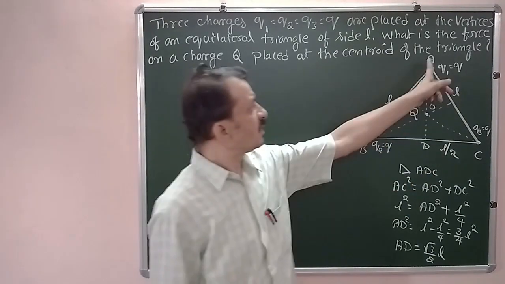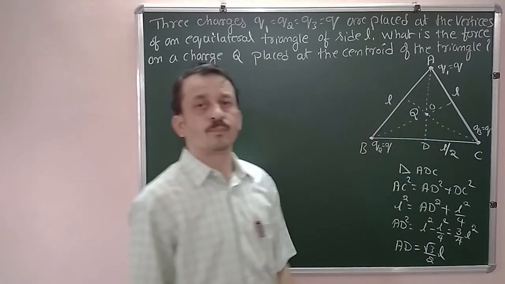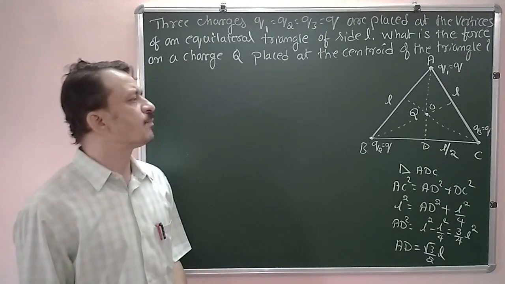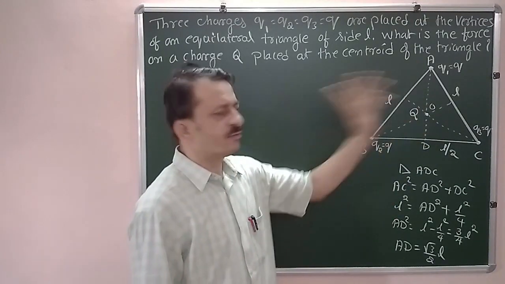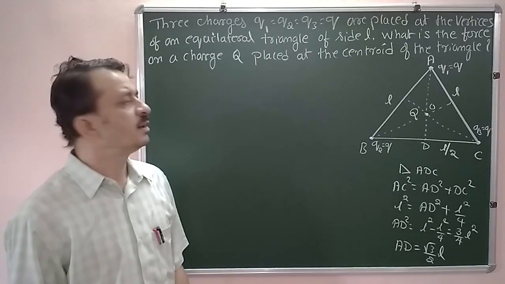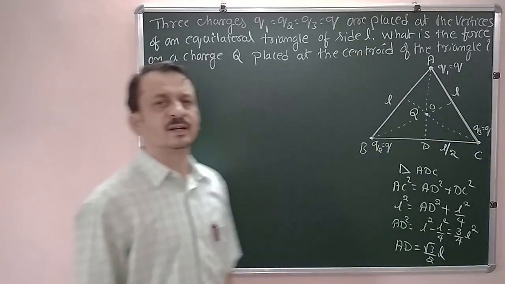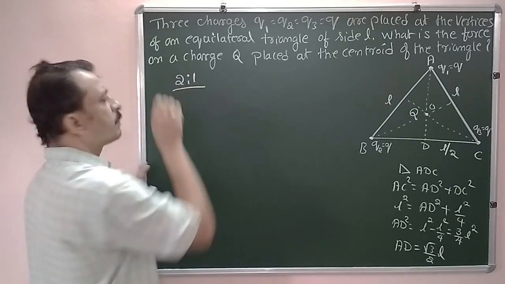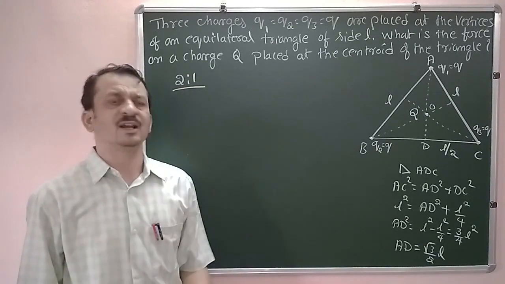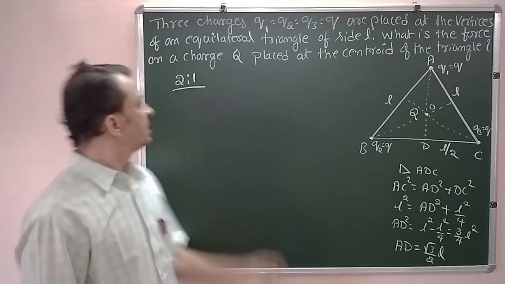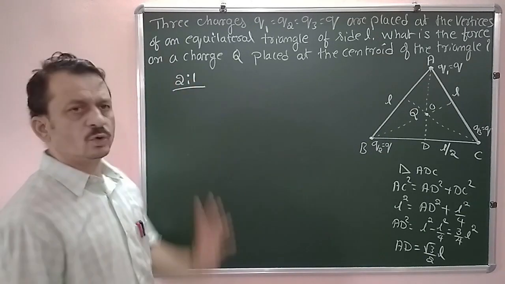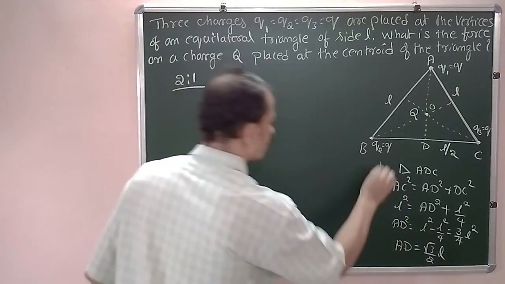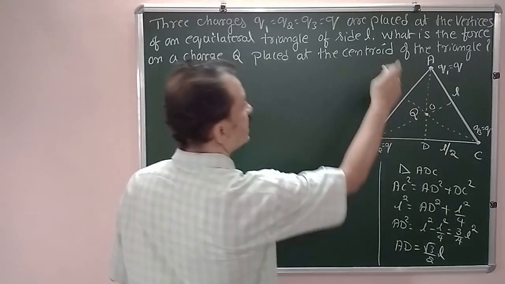But we required AO. Now we already studied in high school that the centroid of a triangle divides the median in the ratio of 2:1. You should remember that. Centroid of a triangle divides the median in the ratio of 2:1. So from this concept, then what is AO?